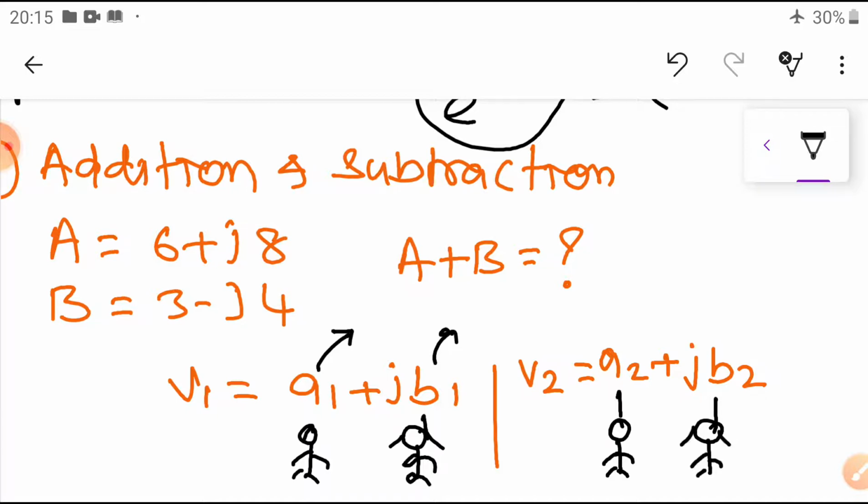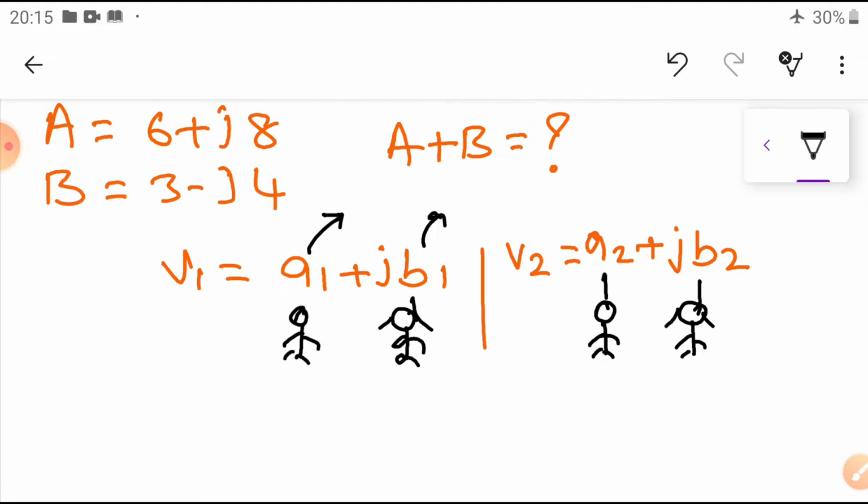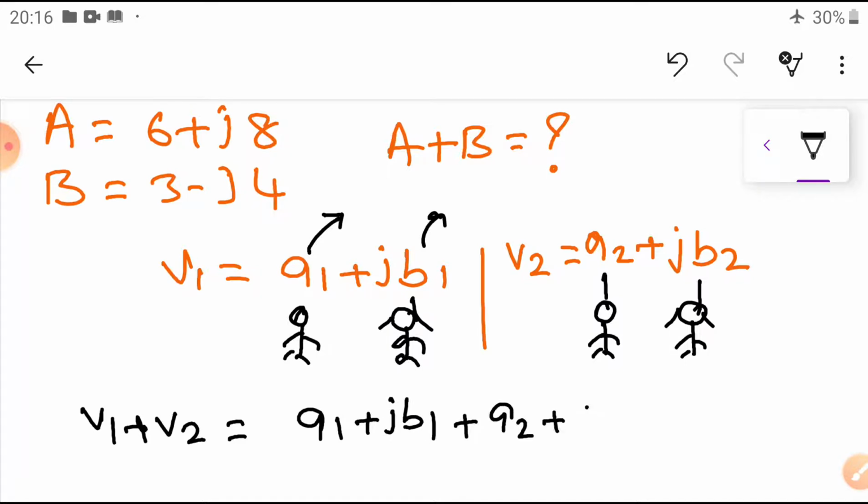Now, in addition, V1 plus V2, we simply add A1 plus j of B1 plus A2 plus j of B2. Now, where are the boys? A1, A2.